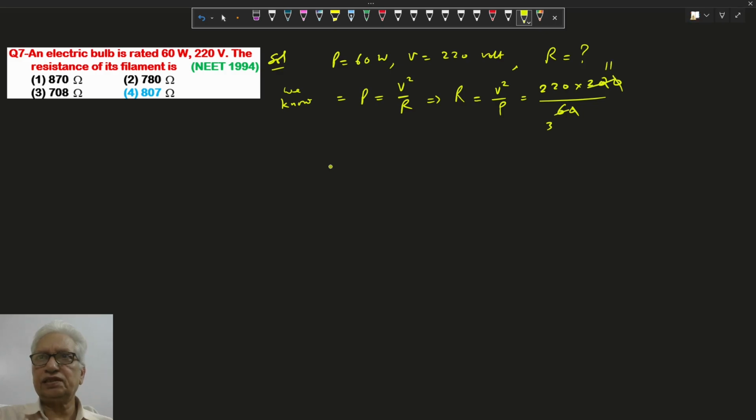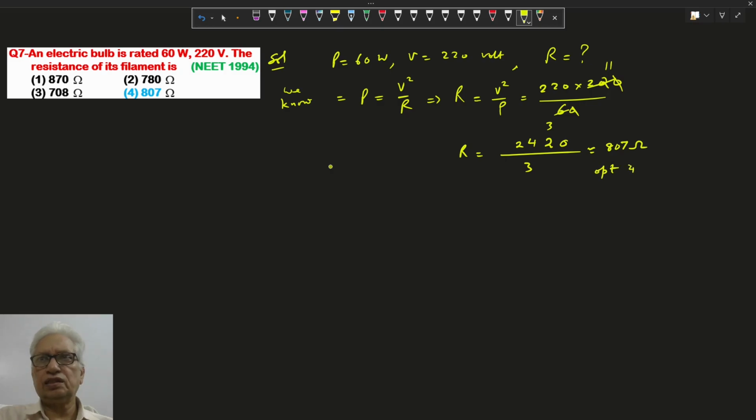So R will be 0.. If we divide, 6 point something, the answer here is approximately 7 ohm.